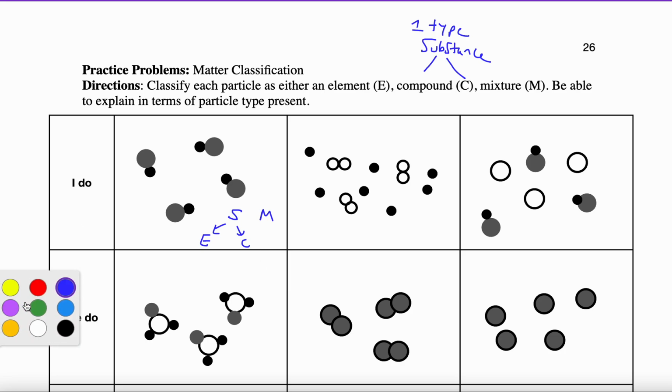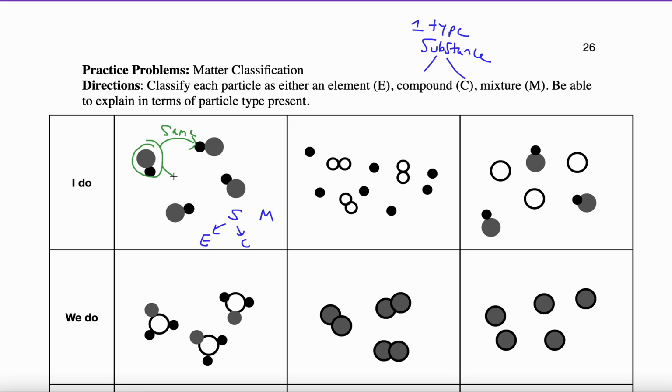So here's how I like to go about it. I circle one particle, so that's my particle. And I compare this particle to one that's next to it. I see a big gray circle, small black one. This one has a big gray one, small black one. So they represent the same type.